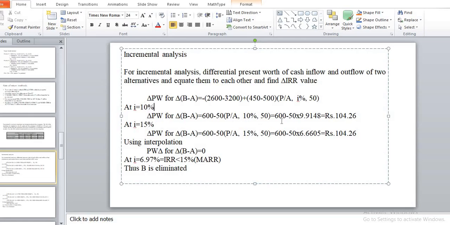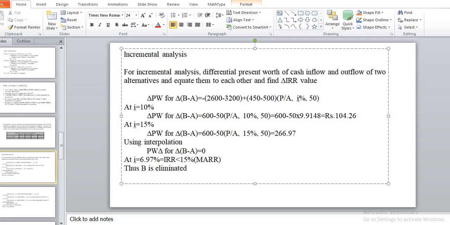For 10% that appears as 104, and for 15% the value is different. It is not 104, it is 266, 197.